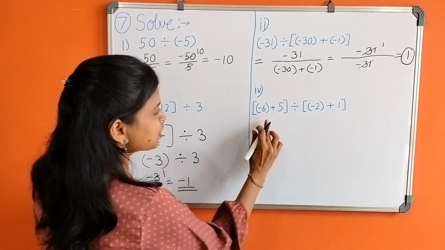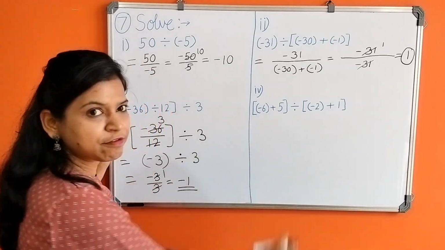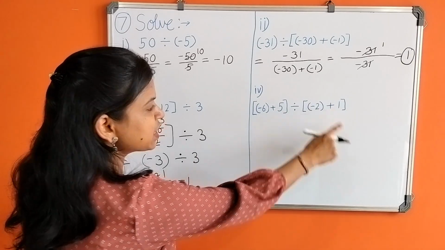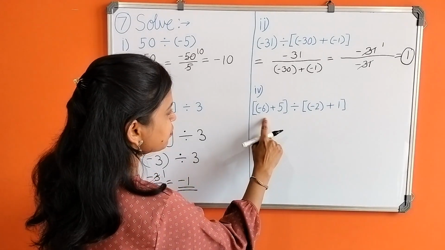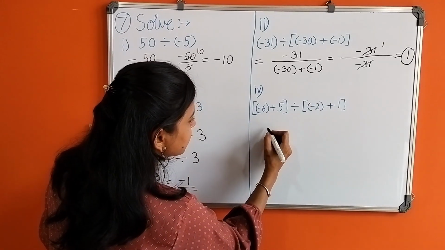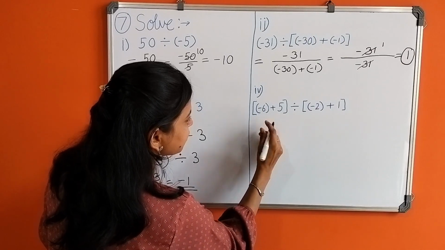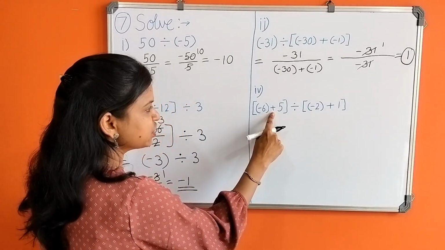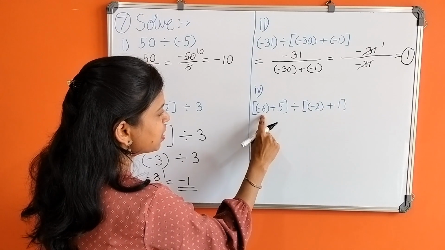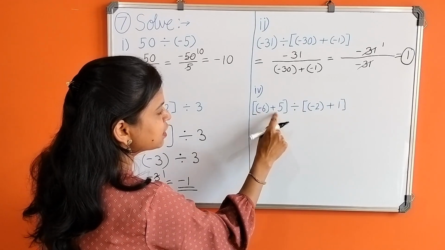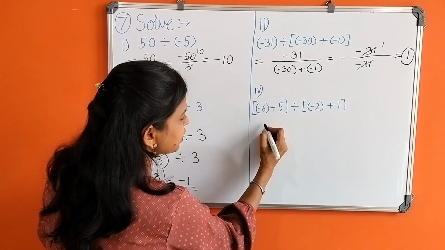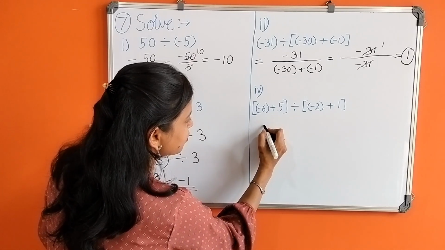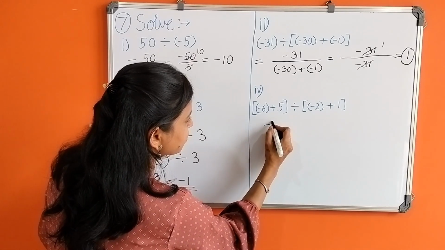Next, the fourth question is -6 plus 5 divided by -2 plus 1. So first we will solve this. -6 plus 5. Addition sign is here, and both have different signs, so we will subtract. 6 minus 5 is 1. 6 is negative, so 1 will be negative.